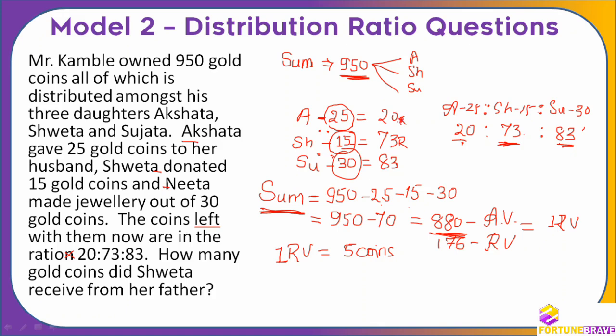So she got 73 into 5 plus this 15 she had donated, right? So you do it yourself or I will do it for you. This will be 365, plus 15 is equal to 380. So 380 coins Shweta got.